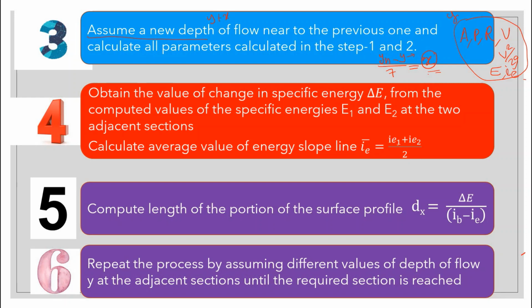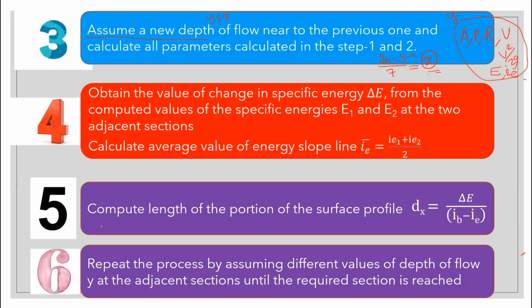Say the first depth has energy line slope IE1, and the second depth has energy line slope IE2. Then the average energy line slope is IE1 plus IE2 divided by 2.